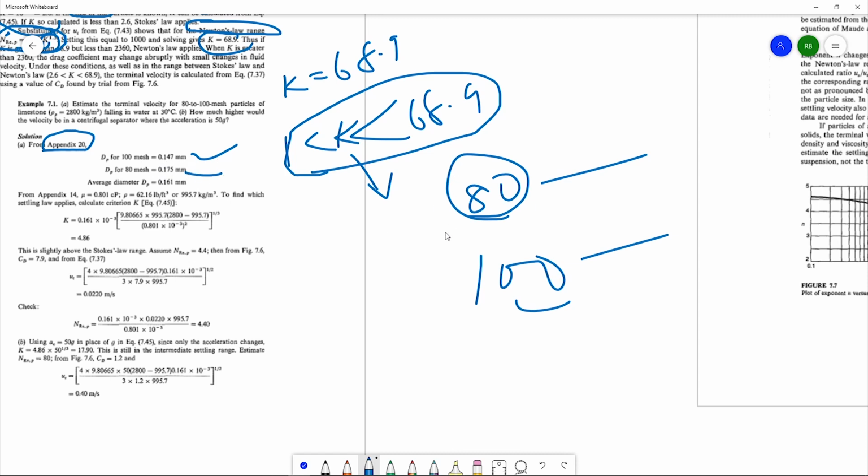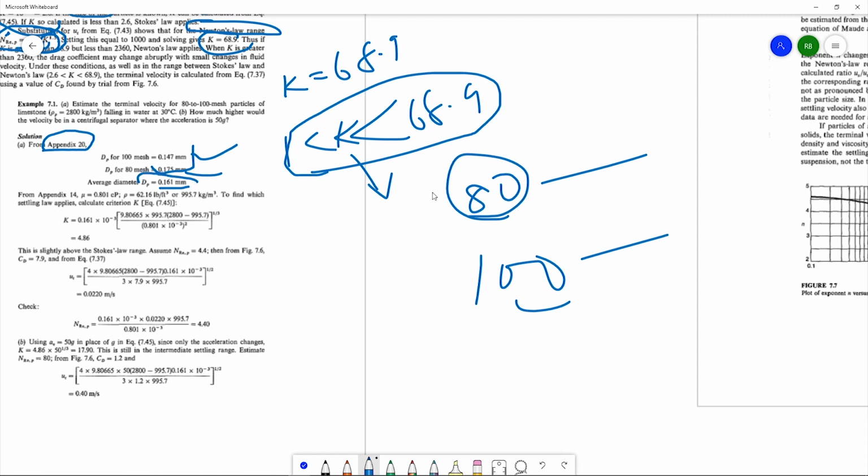So if you take the average, as you also know, the higher the mesh number, the smaller the diameter of the particle. Okay, so just take the average. So this is the diameter of the particle.